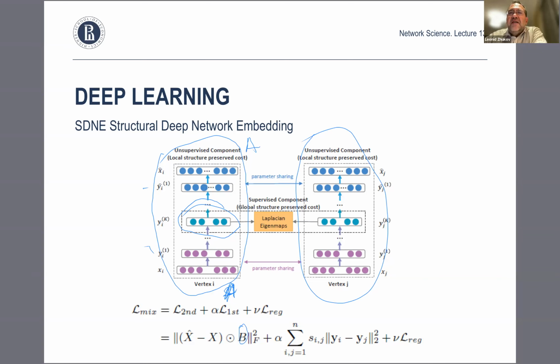But overall, the idea is that first, and this is the functional that we're going to minimize, you want to have an autoencoder that will look for a representation. And since this is a matrix, it gives you a global story. But then what you also want are the similar properties that we had, for example, from Laplacian eigenmaps, when we force those nodes that are connected to be embedded next to each other.